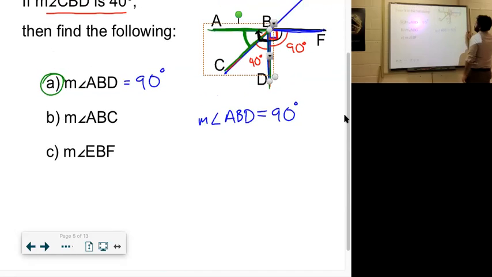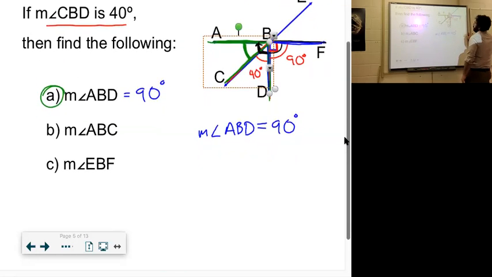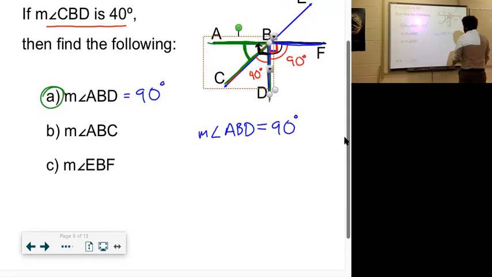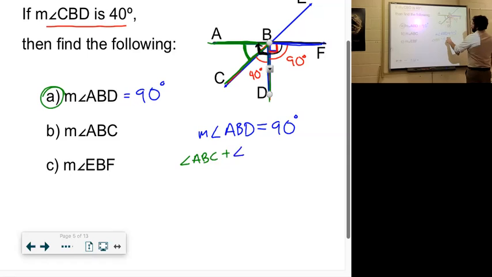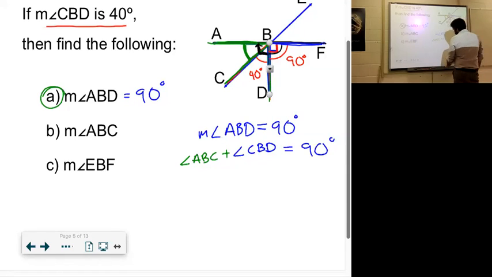So if we were working with this, you wouldn't necessarily have to write this down, but we could look at it as angle ABC plus angle CBD equals 90 degrees. We've already discussed that part. And we also have the fact that angle CBD from up here is 40 degrees.